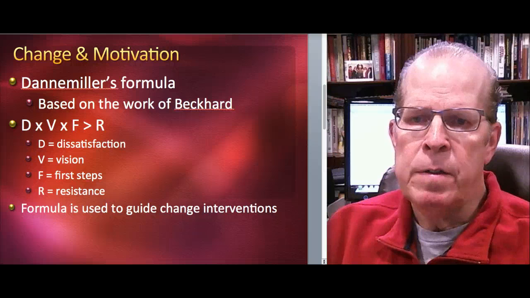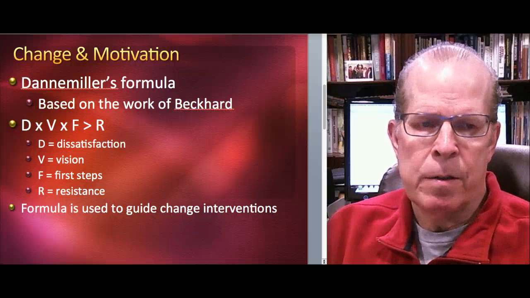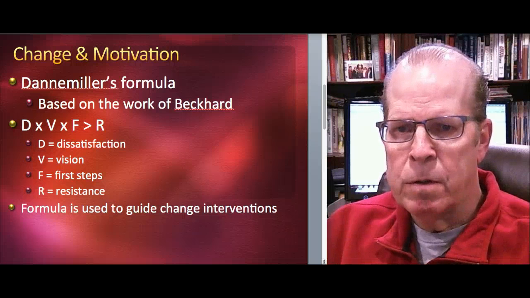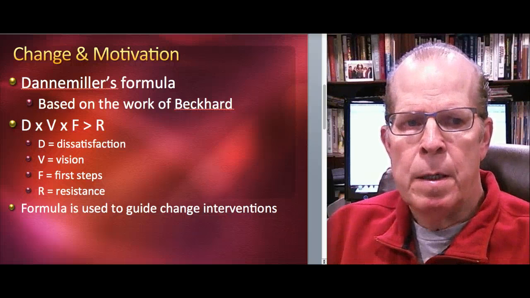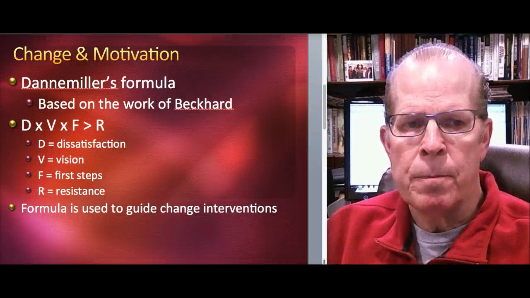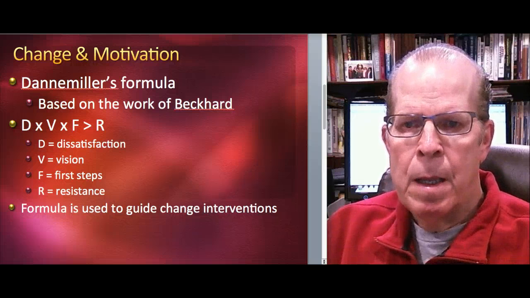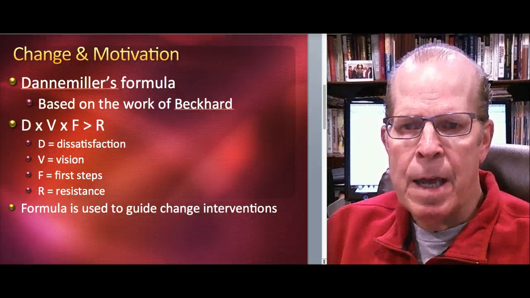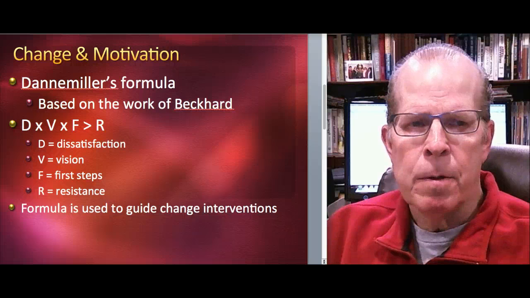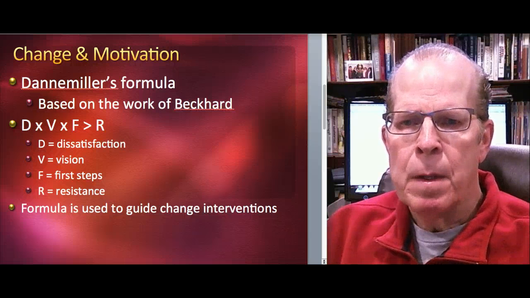So the D stands for dissatisfaction. She says a person or persons within an organization need to be dissatisfied with the current state of however it is. And then they need to have a vision of how it could be different. In other words, how could this be better?